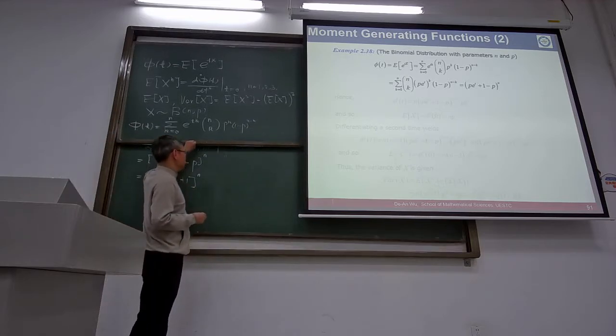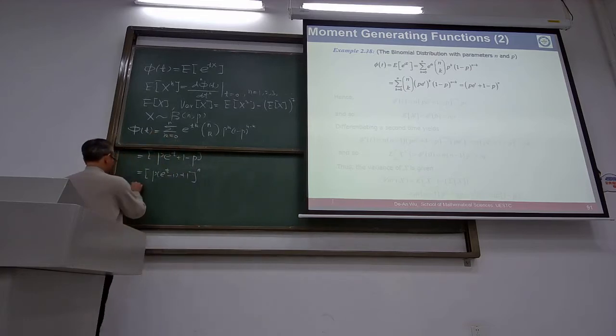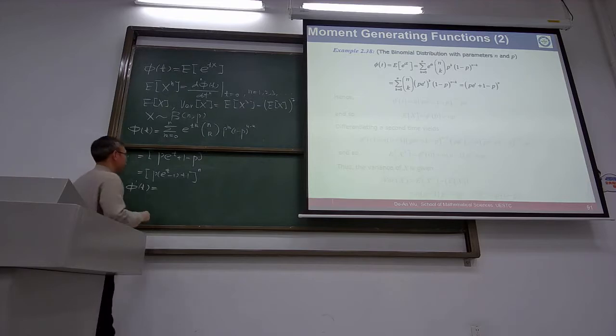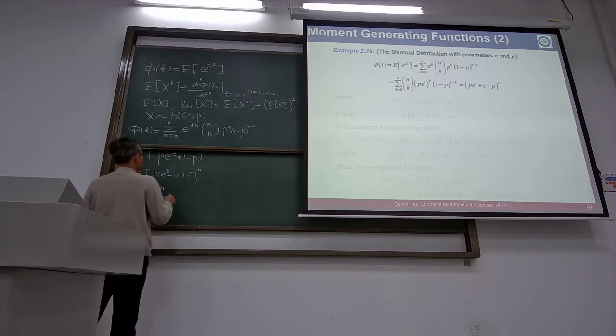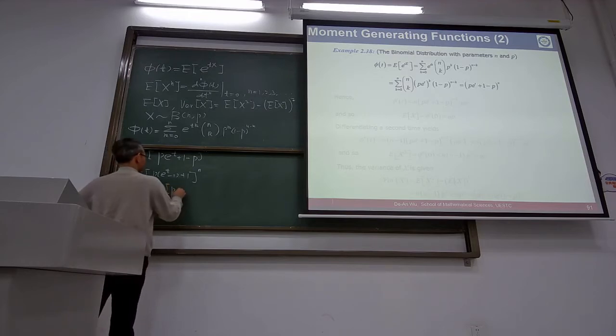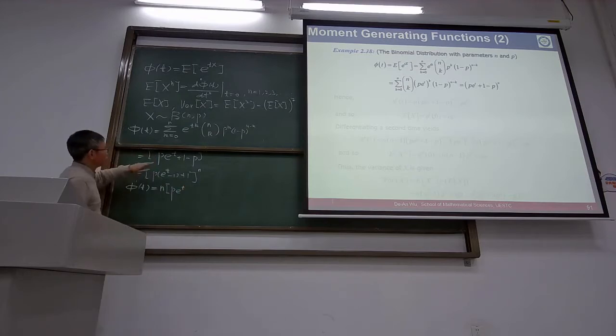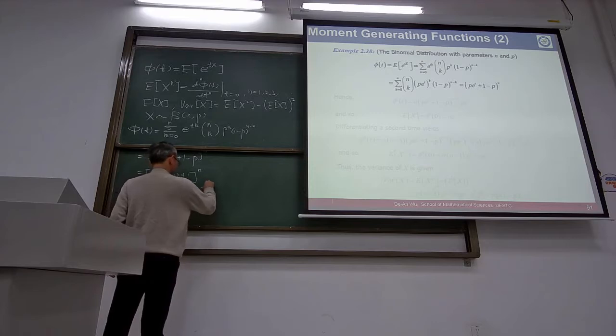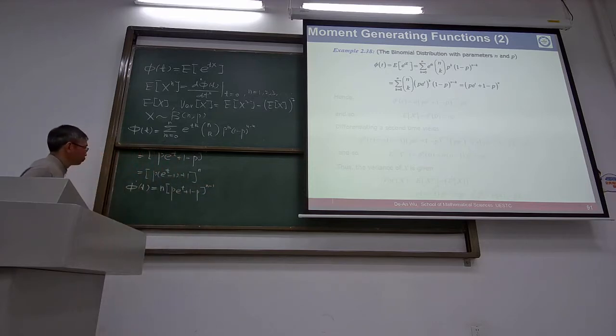But using the moment generating function, we differentiate this with respect to t, and we find n times p e to the t times the rest. Differentiating the remaining factor, nothing changed.